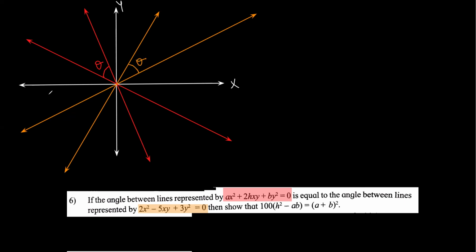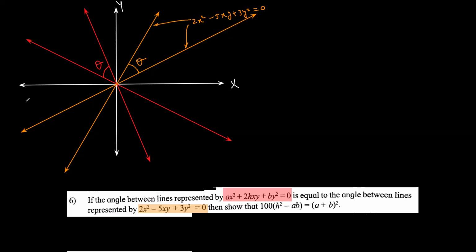Listen, the combined equation of the orange pair of lines is 2x square minus 5xy plus 3y square equal to 0.